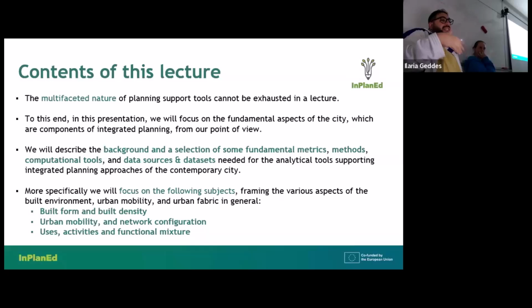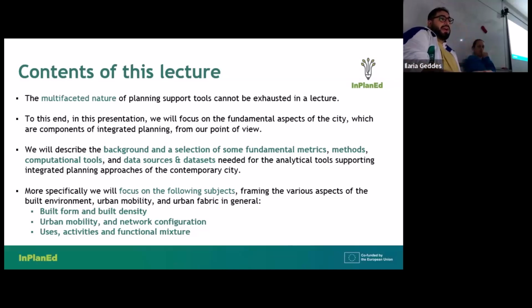So the multifaceted nature of plan support tools cannot be exhausted in one lecture, and specifically in a 20-minute one like this. I will try to focus on some fundamental aspects of the built environment, which are components of the grid planning from our point of view, but also are elements of the city where it's easier to find quantitative information and data, so it's easier to implement these types of analysis.